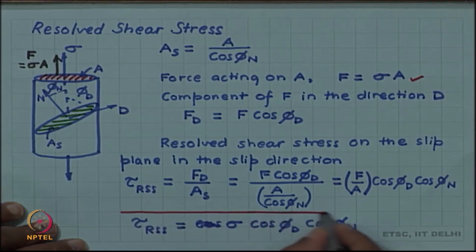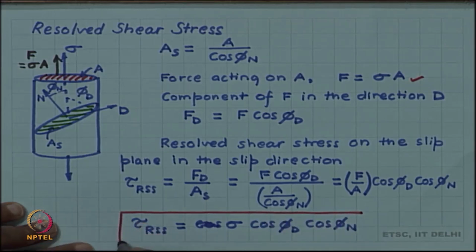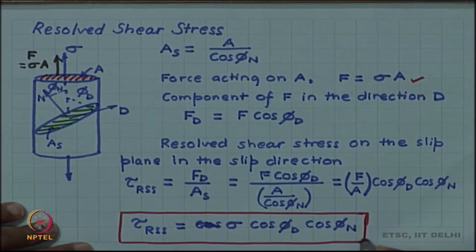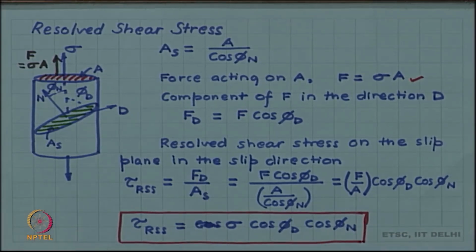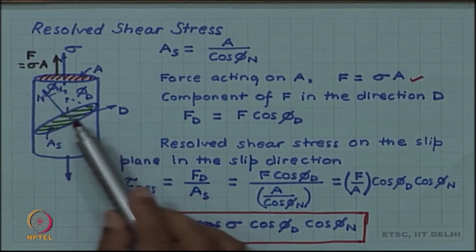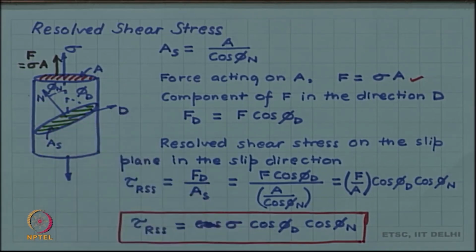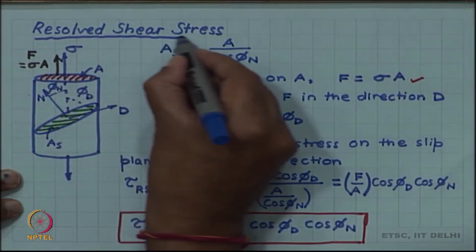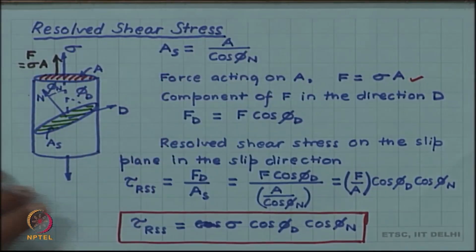So, we see that the resolved shear stress depends not only on the applied stress, but also on the orientation of your slip system, the orientation of the slip plane normal and the slip direction, cos phi d cos phi n. So, we have established this relationship which we wanted for the resolved shear stress.